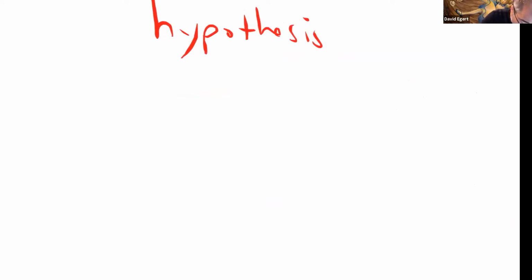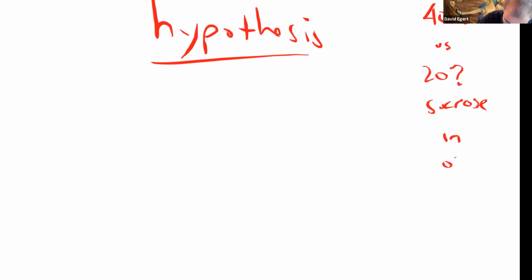For our hypothesis, we know that in our actual setup, we're looking at 40% versus 20% sucrose in the osmometer. So what is our prediction given our actual setup going to be? And why? Okay, so I revised mine.